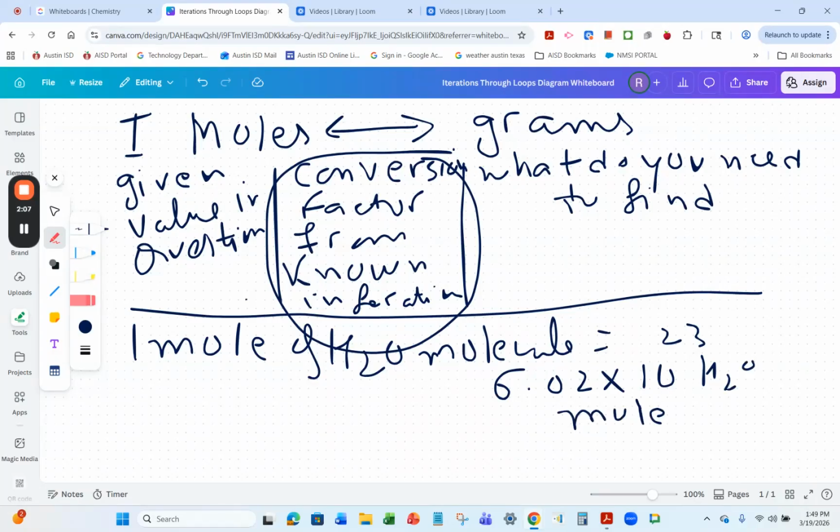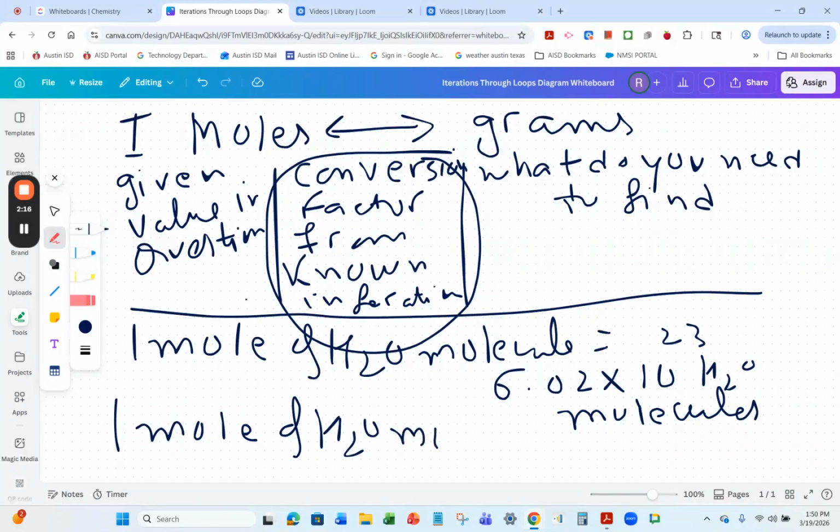This is my first known information. What else do we know? 1 mole of water molecule is equal to 18 gram. 18 gram is the molar mass of water molecule.